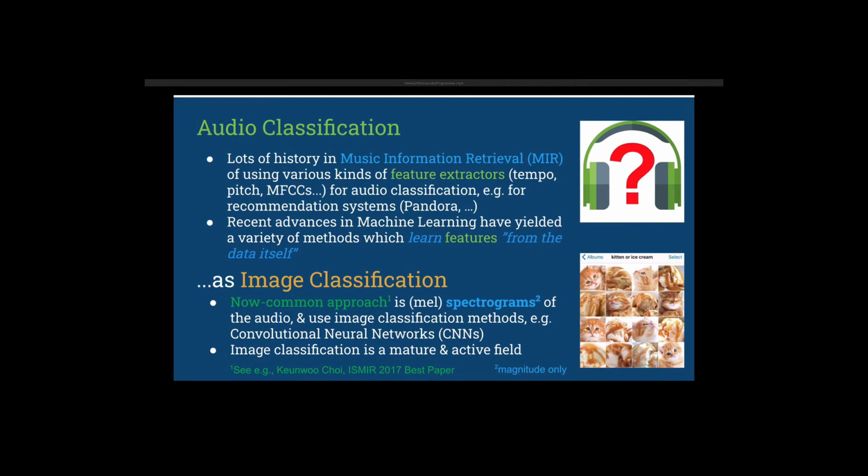One way of doing this is by turning the audio into an image by making a spectrogram and then use image classification methods. This has been done for quite a while. I noticed it. Keunwoo Choi, who's at Spotify now, he won the best paper at the Music Information Retrieval Society a couple years ago, and I kind of dumbed down what his work was so I could make it work.